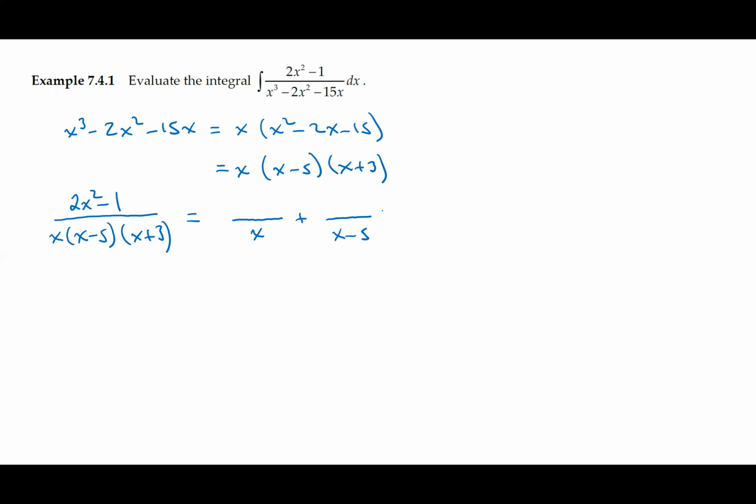Notice that each factor becomes a denominator. Common denominator is just their product. Now, since my numerator must be of degree less than my denominator, and my denominators are all first degree, I know that these are all constants, okay?